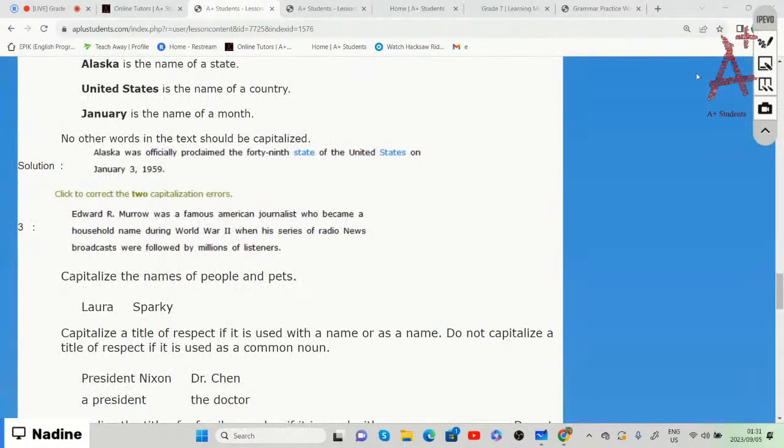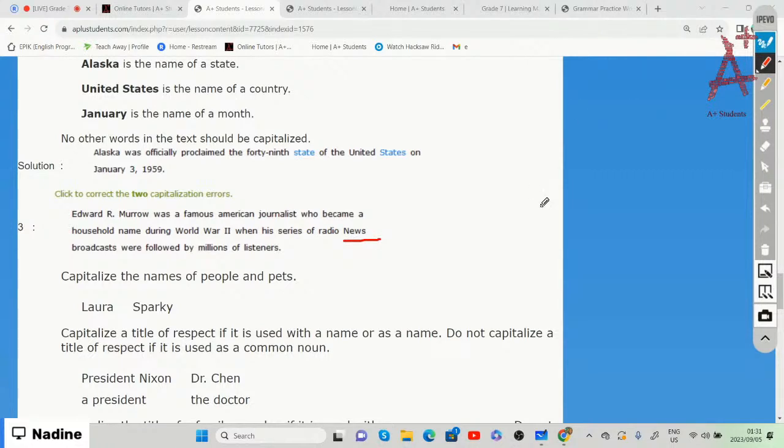Oh, we only did one, sorry. Edward R. Murray was a famous American journalist who became a household name during World War II when a series of radio news broadcasts were followed by millions of listeners, and also news. News is lowercase, right? So we lowercase news.